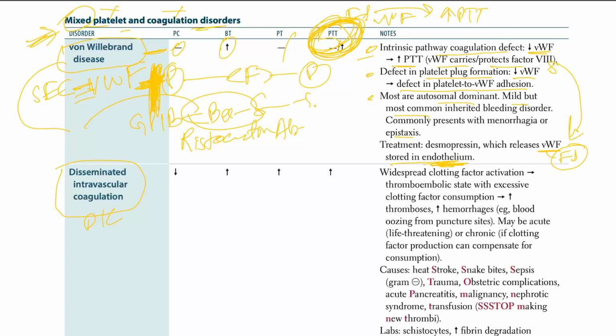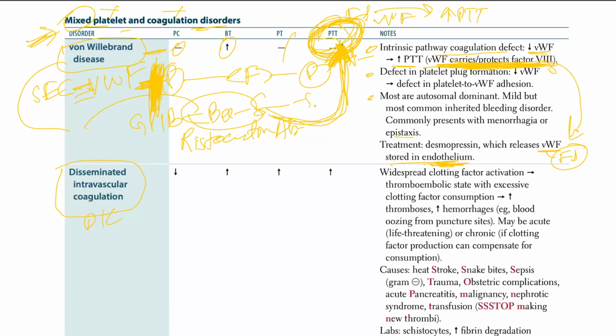In Bernard-Soulier syndrome, what we do not have is this increase in PTT. That's the only differentiating feature in these two. On top of that, the platelet to von Willebrand factor adhesion is not there. Well, not this one, but the carrier for factor 8. This one.